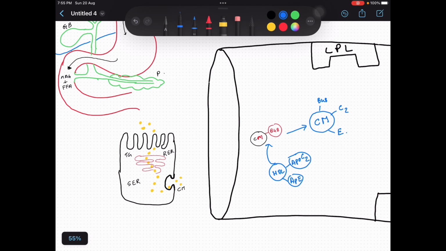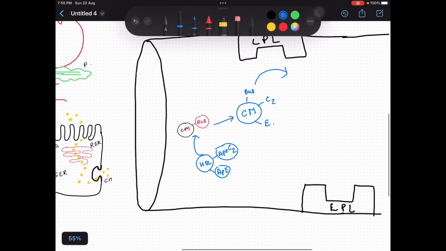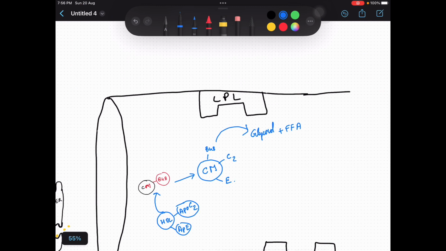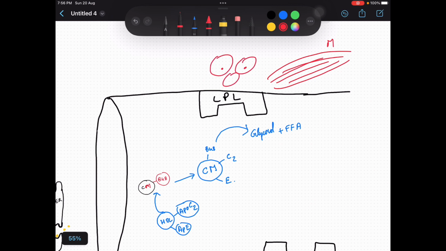So when the HDL donates the C2 to the chylomicron, it can be processed by the lipoprotein lipase. This ApoC2 will attach to the lipoprotein lipase like a magnet, and then the chylomicron will be broken down into glycerol and free fatty acids. These will be taken up by the muscles, or by the adipose tissue.